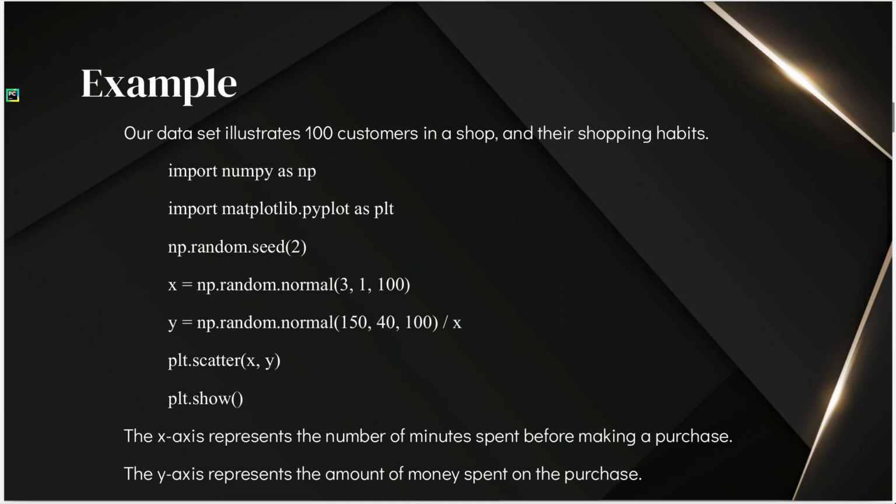Okay, so now let us see this with the help of an example. So let us see the shopping habits of 100 customers. In the first two lines, we import the necessary packages. Then np.random.seed(2).